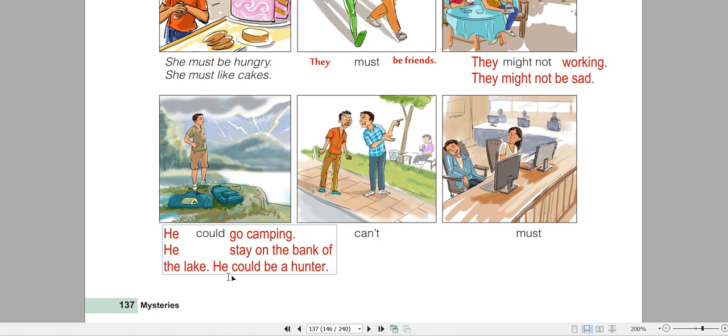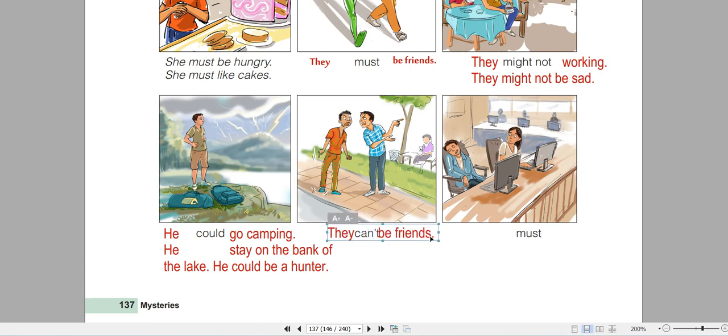Brilliant. Okay, so now, yes, we have two guys here talking to each other, but we use two. They can be friends. They can be friends. Or they might be talking about something.